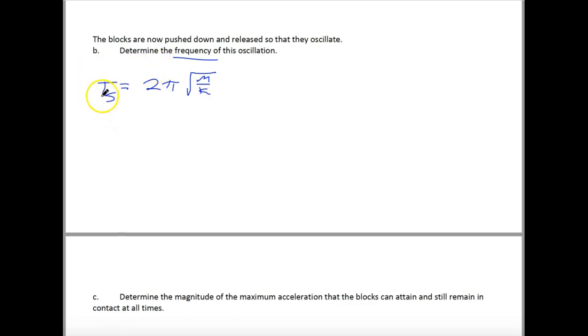So we know that if I want frequency, that is 1 over the period. So that means I'm going to take 1 over everything that's here. So that'd be 1 over 2 pi. And then we would still have the square root, but we're going to flip these, and so that will be k over m.